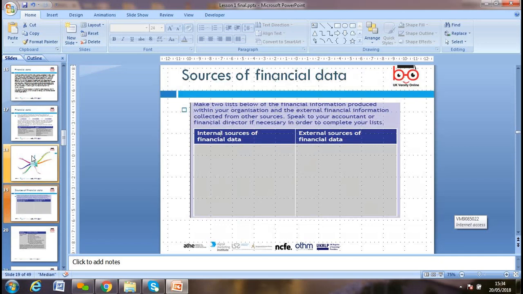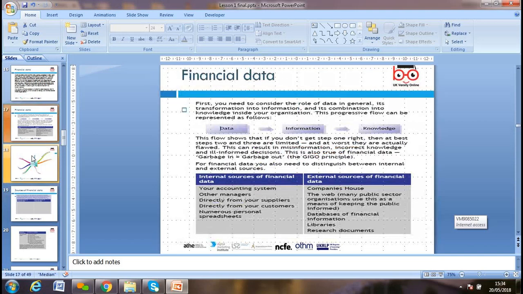Okay. Internal sources of data and external sources of data: in your own organization, or if you're working, you can think about internal sources of data. Like we discussed, the accounting system, yes, and others managed directly from suppliers. These are internal sources.